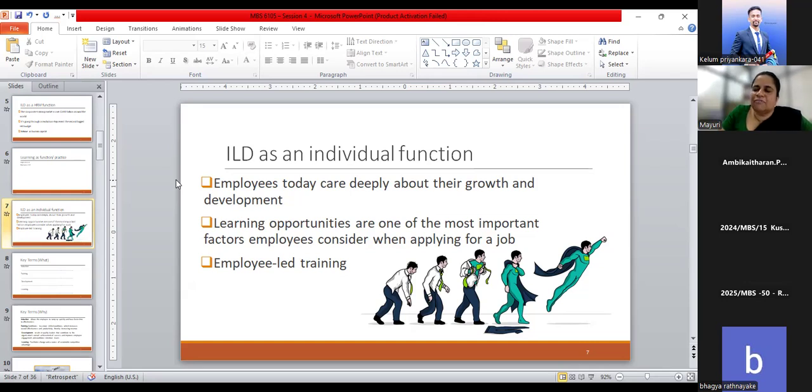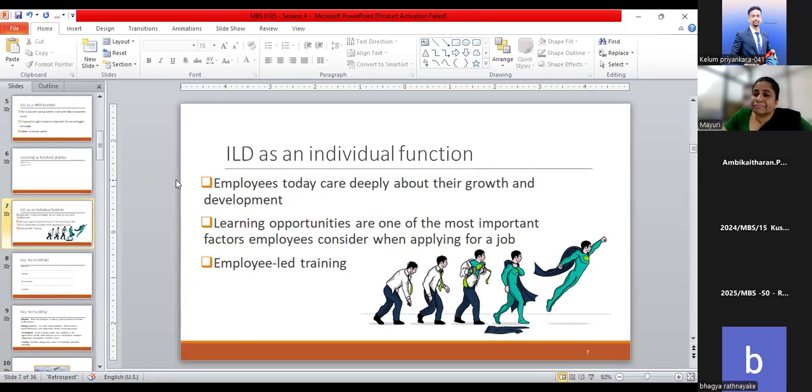So likewise, the responsibility of learning is predominantly with the employee today, and the organizations are making the opportunities available. There may be a mentoring program, there may be a coaching program, there may be role plays, there may be case studies, there may be storytelling or whatever, right?